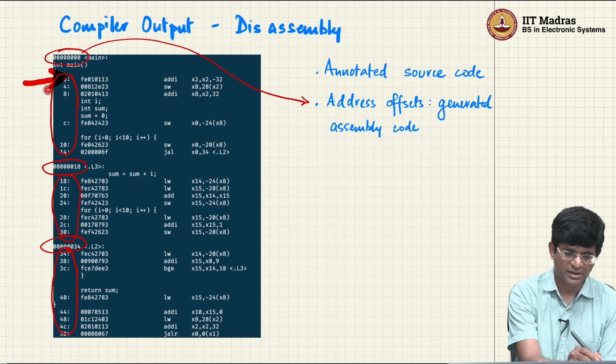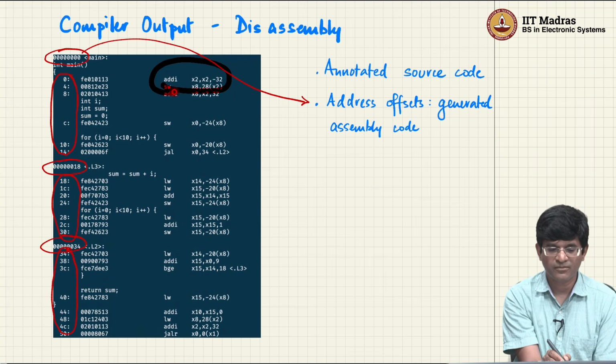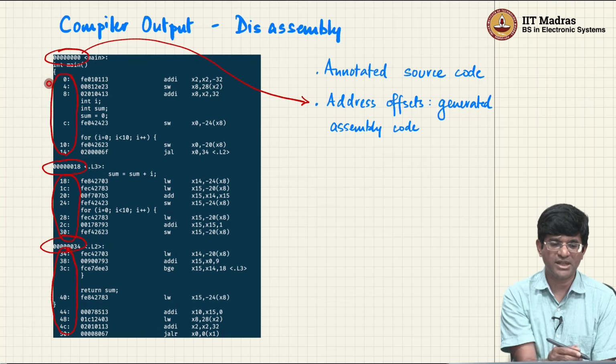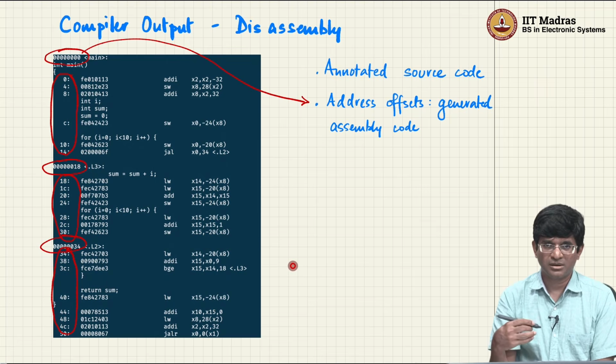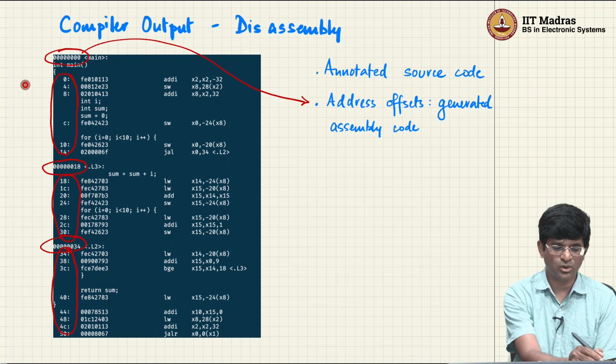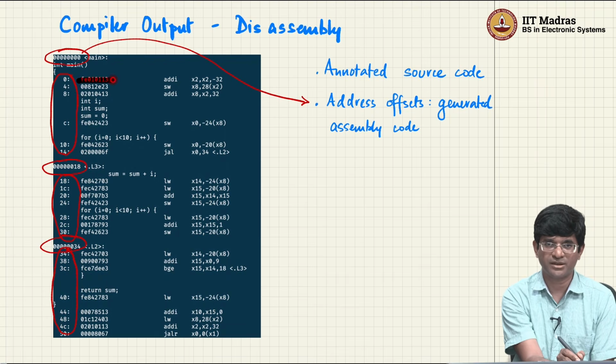This instruction out here, which is an add immediate instruction with this code FE010113, is at address offset 0. What that means is, when the computer starts to execute this program, the program counter will first take this value 0 and will get to this particular location.